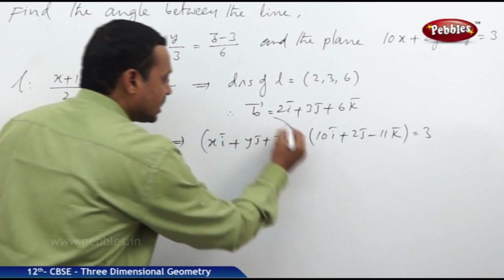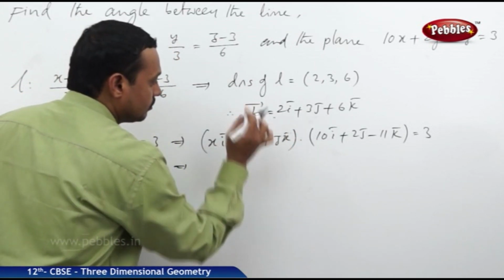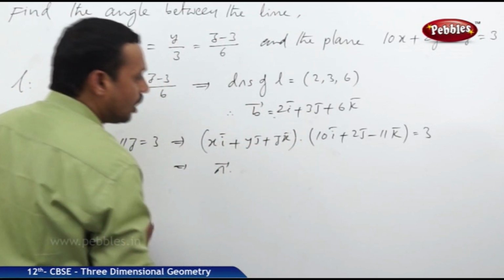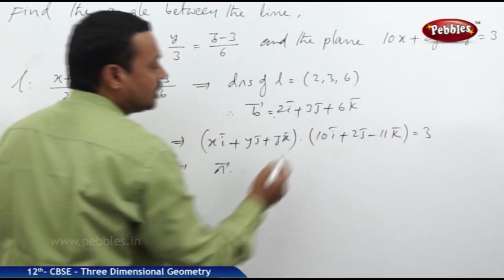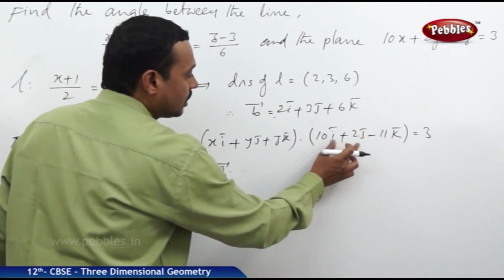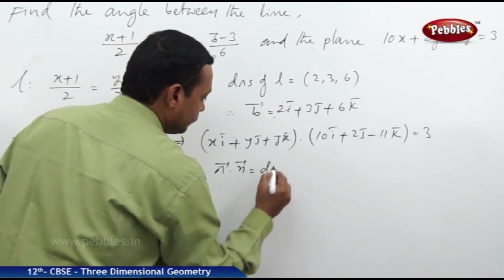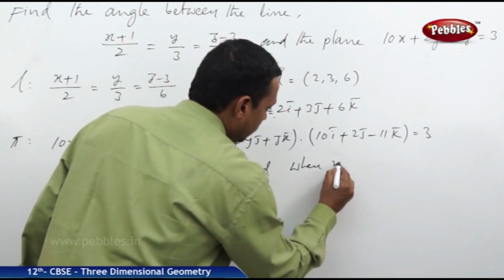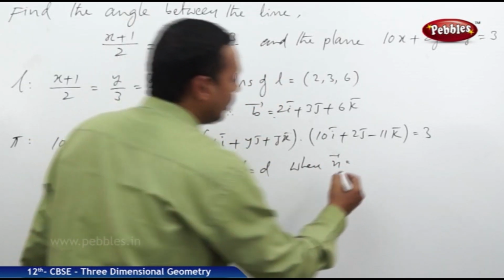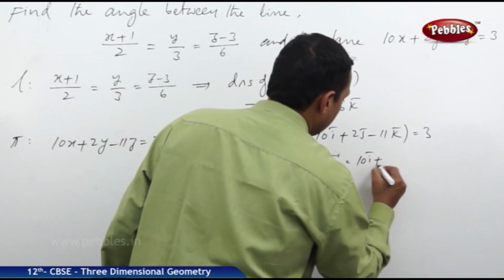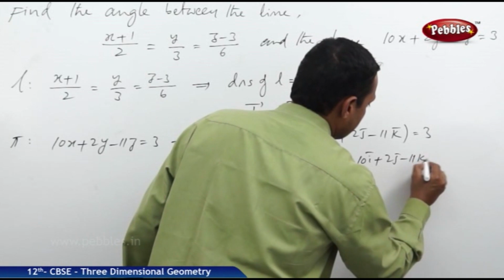Now this is the general vector r bar. It is r dot n is equal to d, where n bar is the normal of the plane, 10i plus 2j minus 11k.